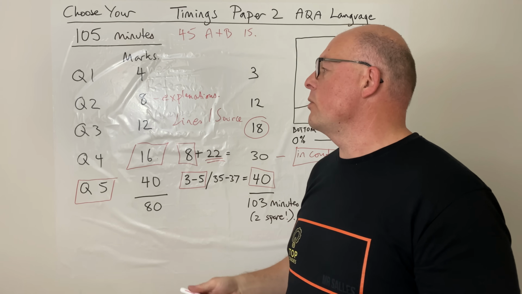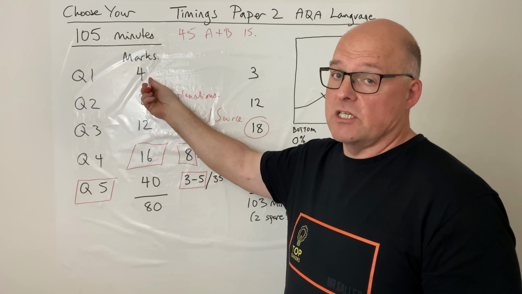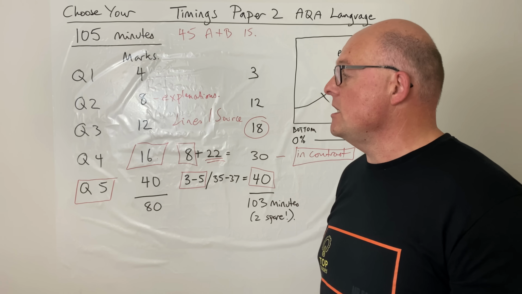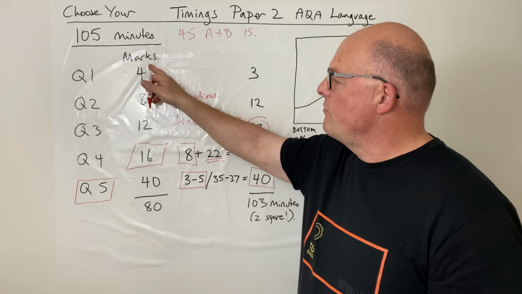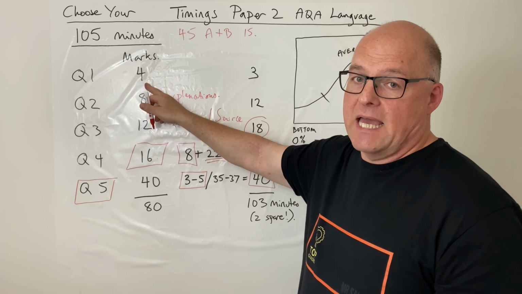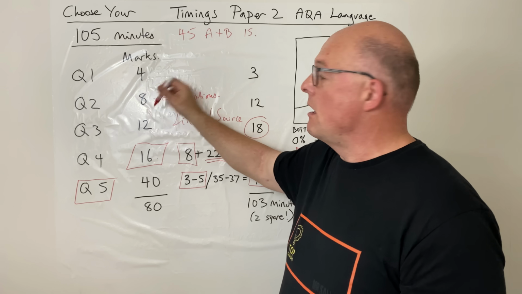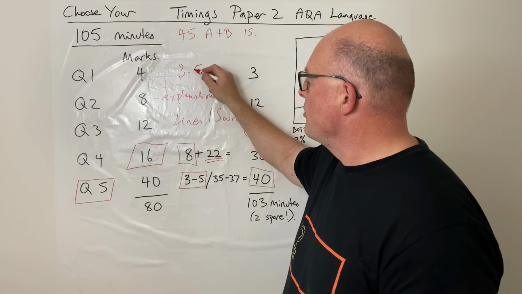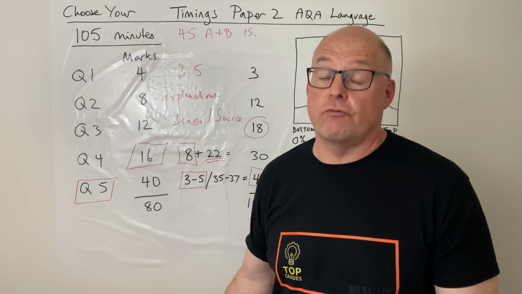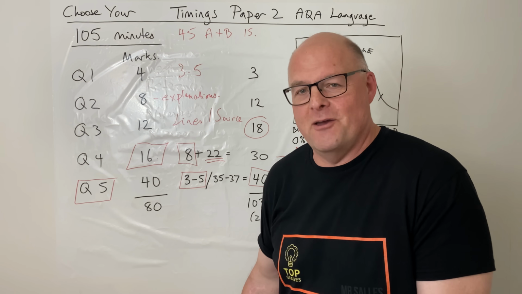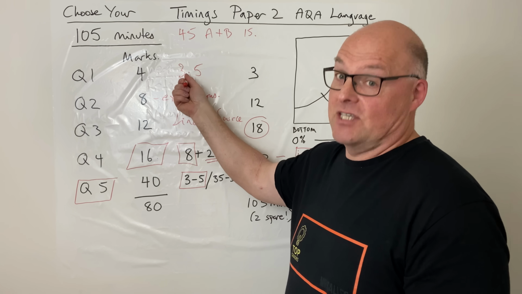The other thing that I quite like about leaving it till last is, let's say you mess up your exam timings. You know that those 4 marks are going to be easy to get. In fact, the average mark nationally is 3.5, which means even students who can't read are probably getting 3 marks out of 4. So it's easy.